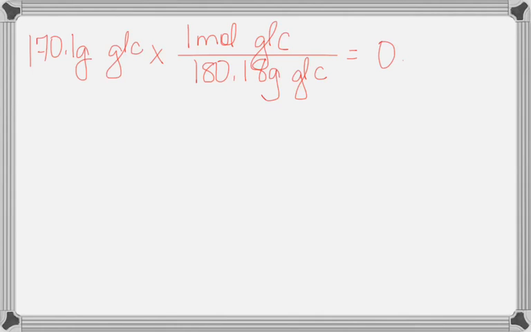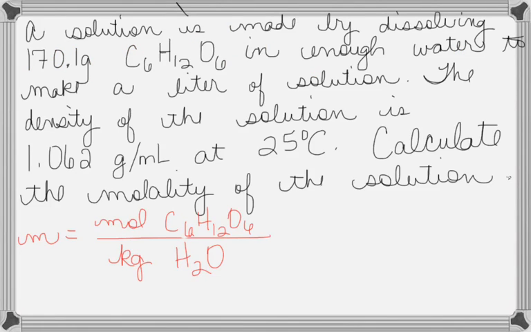So for moles of glucose, 0.9441, is that right? 0.9441 moles of glucose. So that, can I keep going? That gives me, I'm going to go back to over here, the top number.